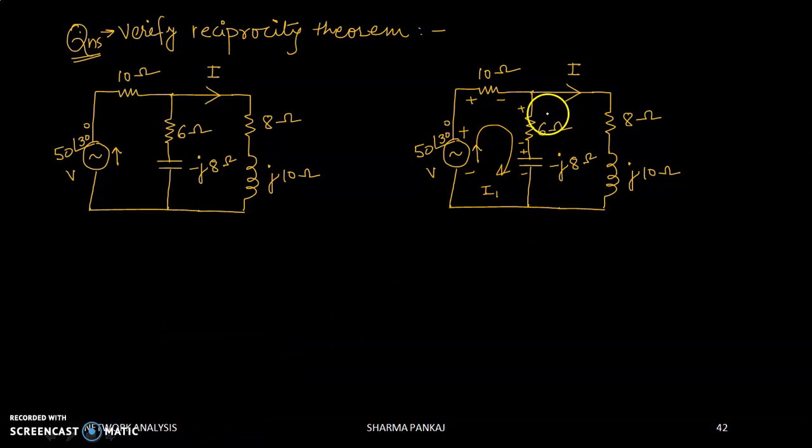This is loop 2, and in loop 2 we have current I2.